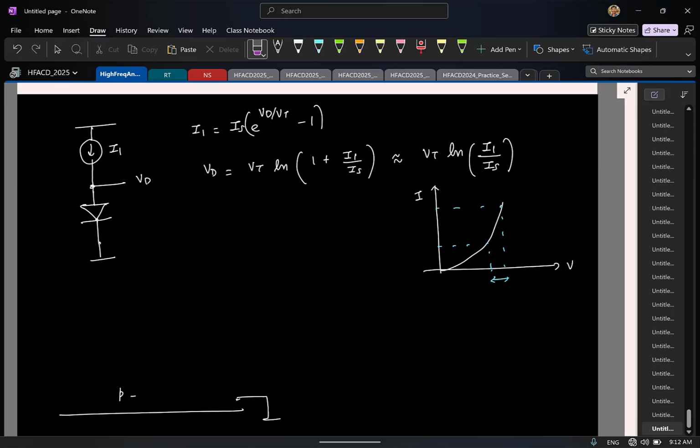Now if you want to make a PN junction, so this is N, so this is P. To get a PN junction, you might want to make something N like this, and we expect that we have gotten a diode this way.